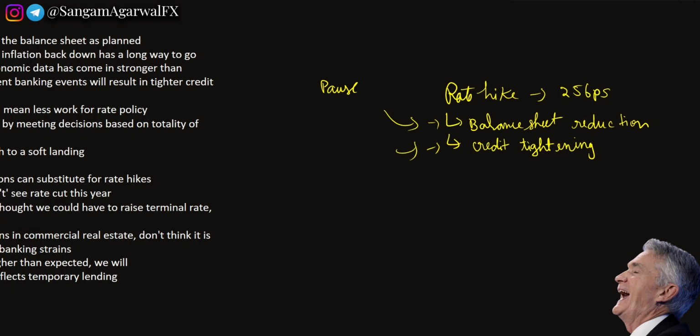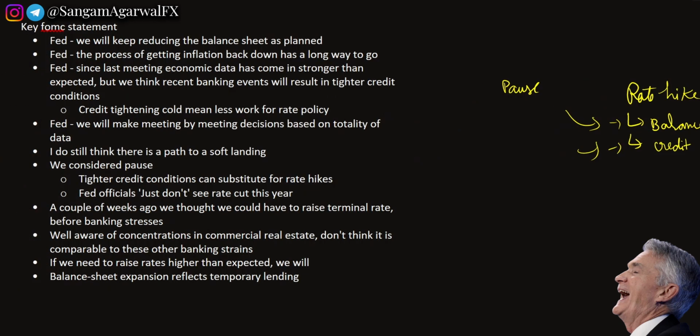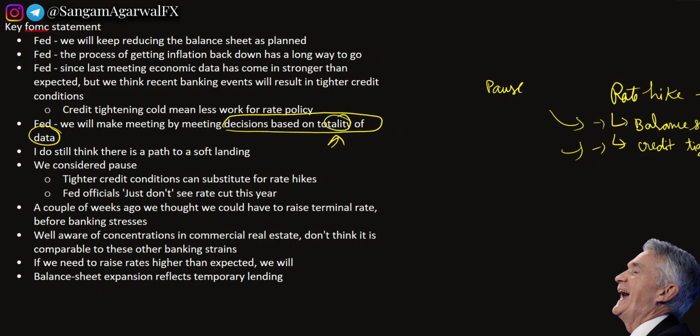And another key statement which came was that their decision will be based on the totality of data. That is the same phrase he used before the March FOMC meeting speech. Because right now the Fed's monetary policy decision in this rate hike cycle depends on NFP and CPI.